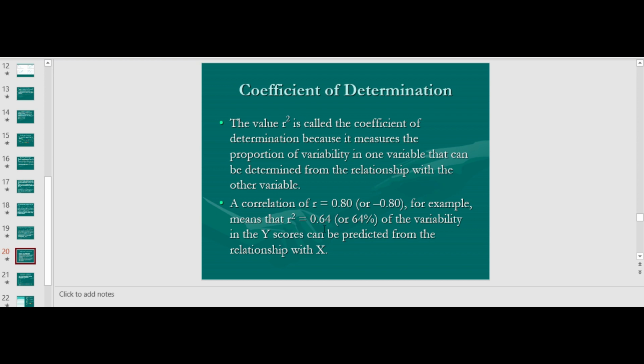A correlation of r, plus or minus 0.8, for example, means that the r square value is 0.64, or if we multiply this value by 100, it becomes 64%. So 64% of the variability in x scores can be predicted from the relationship with y.